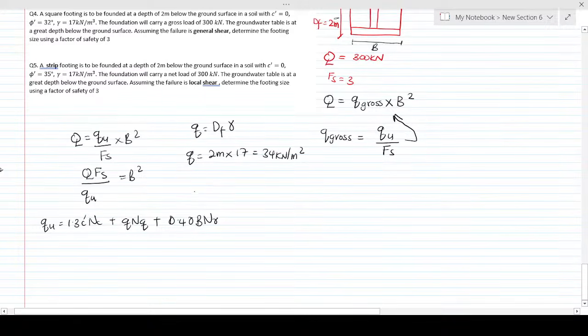Now I need to find my bearing capacity factors. My phi given to me is 32, so I can pick it up from the table.